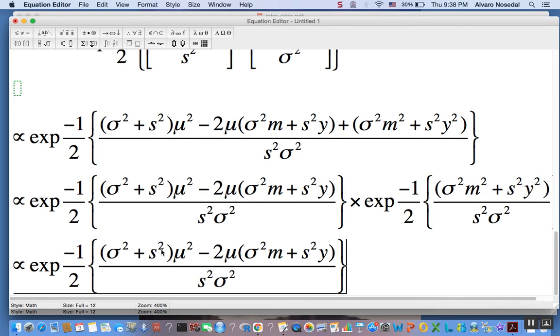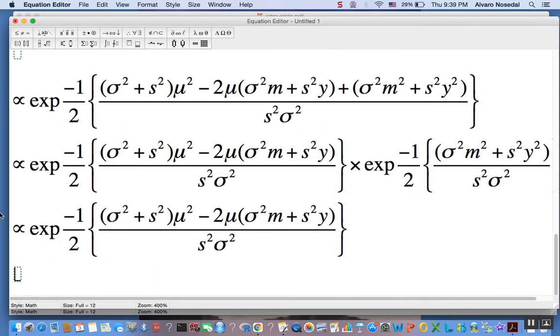But the thing is that we need to have here some sort of a squared, right? So we will need to do a little bit of algebra to make it very clear that what we have here is deep down the kernel of a normal. Okay? So now we're going to be playing around with that exponent that we have here.